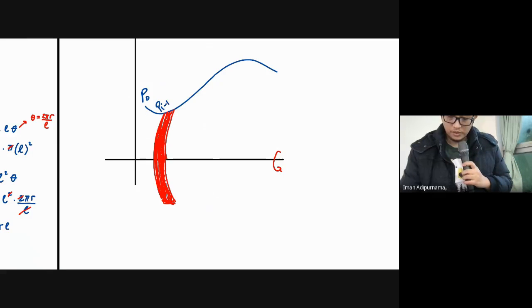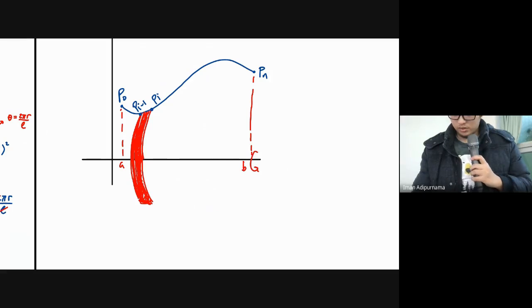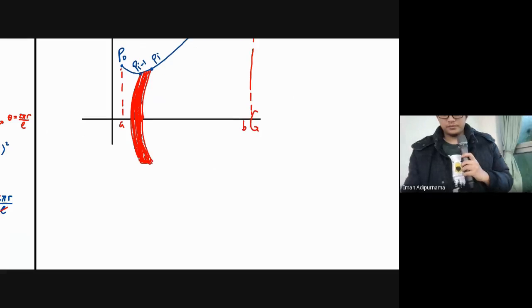Let's write P_{i-1} and P_i, these points, and maybe here is P_n. And let's say this is A, this is B, okay?